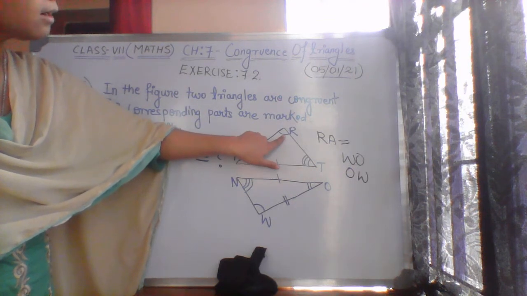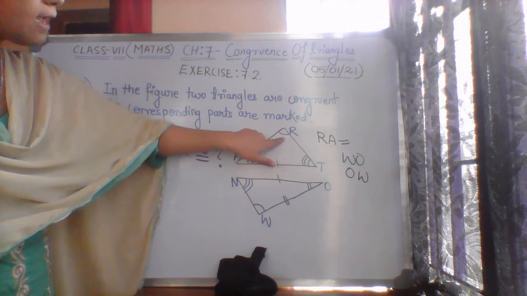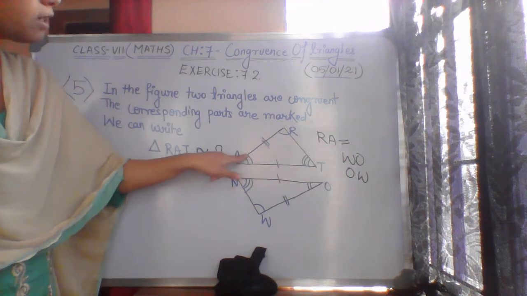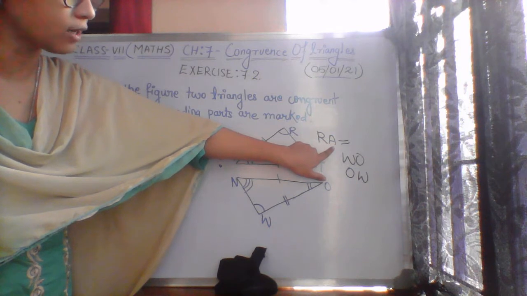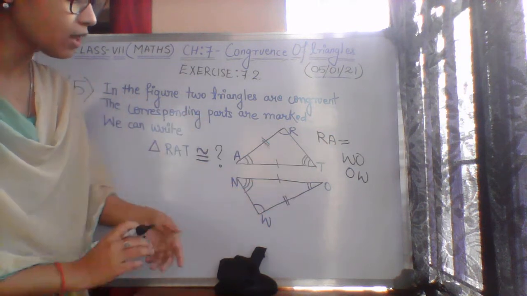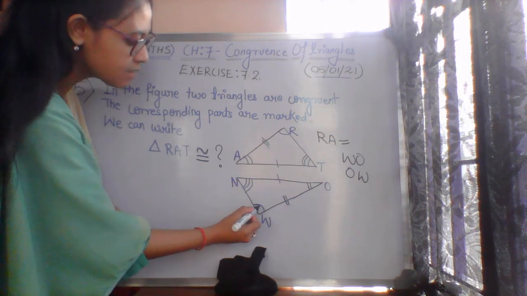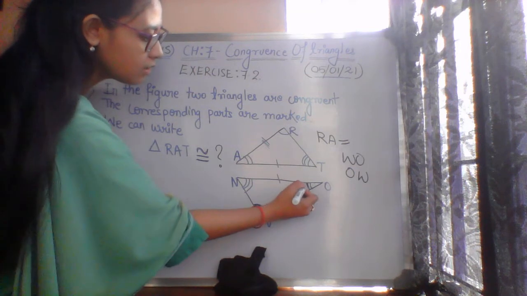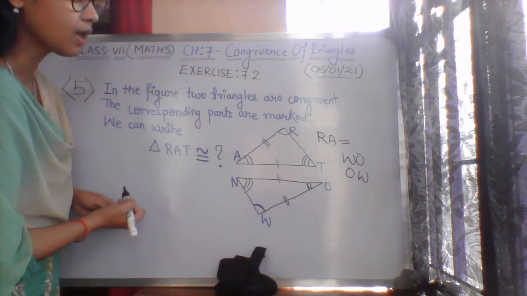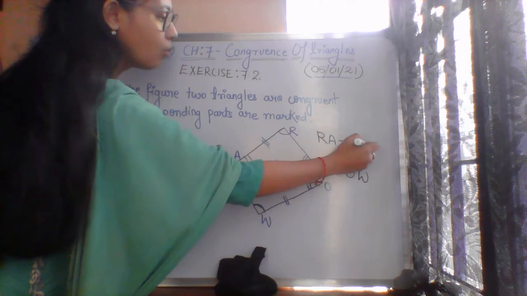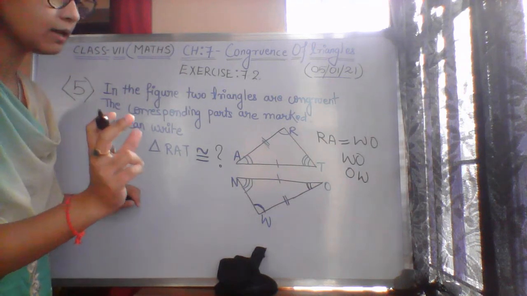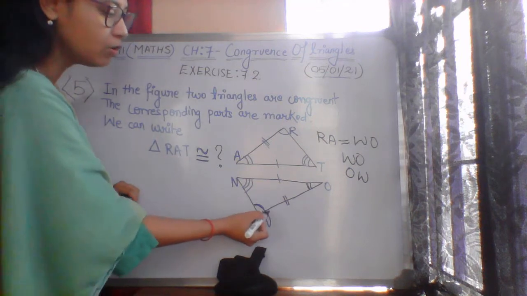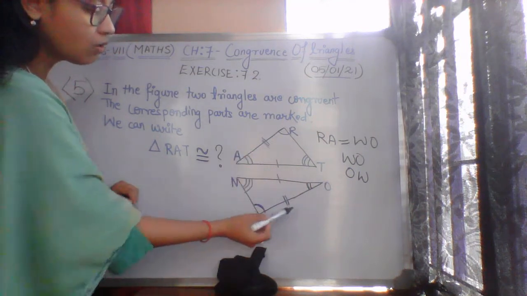Angle R is denoted by single line and A by double line, so I am going from single line notation to double line notation. Here also I have to go from single line to double line. So to maintain the order I have to write WO, not OW.